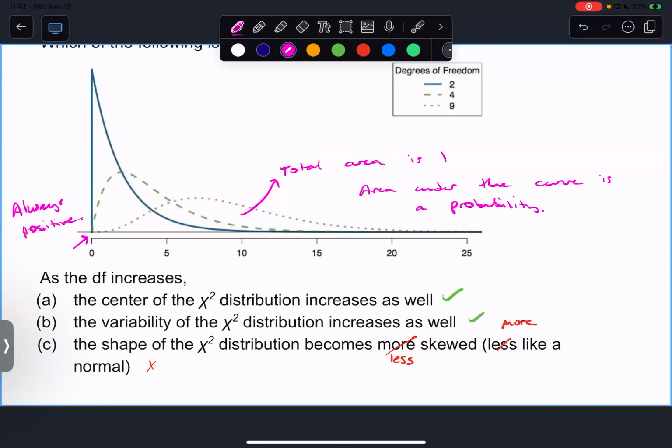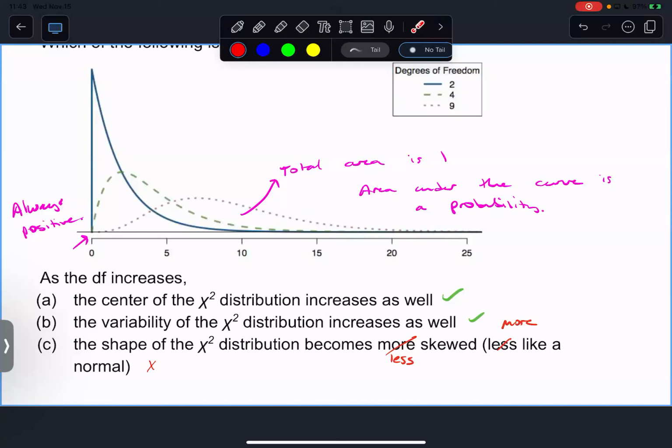Some things change because we're blocked here at 0. So there is no lower tail, right? It's going to be bunched up against 0, and then it's going to be moving away from 0. So the only area that we're ever interested in, as opposed to the Z distribution where we were curious about the lower tail or the upper tail or both tails, depending on our alternative hypothesis, right?